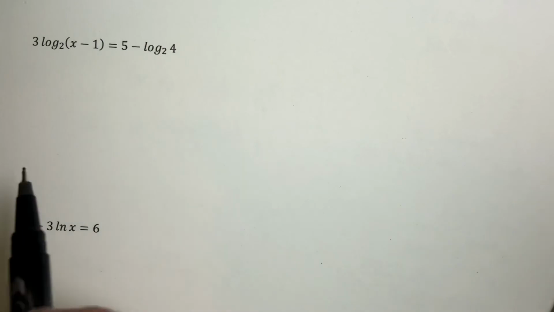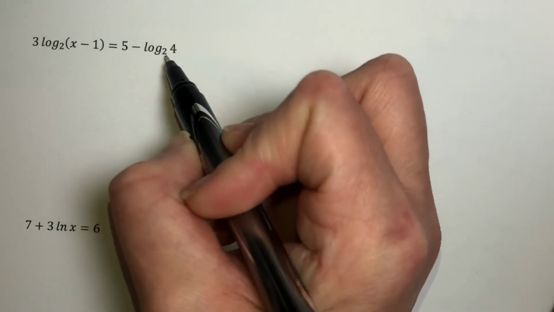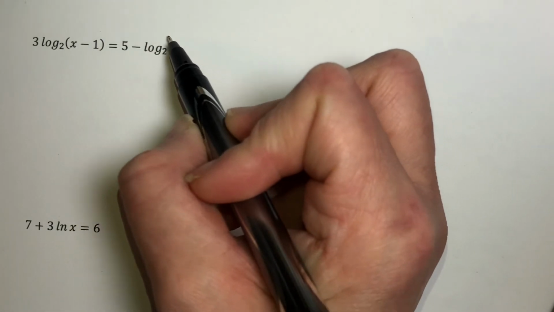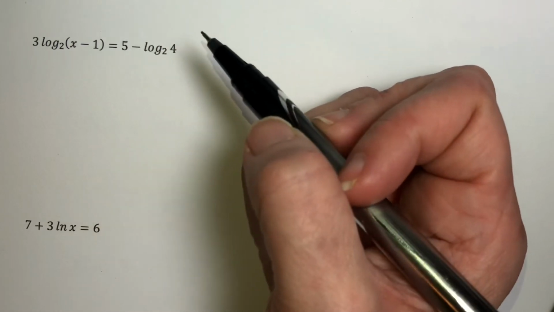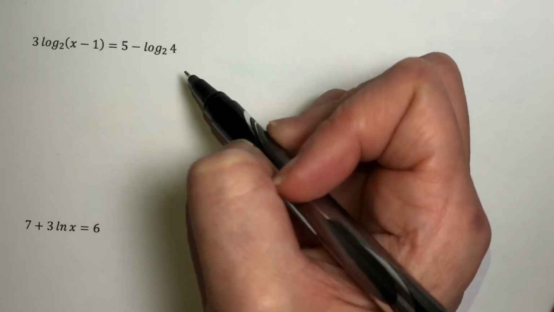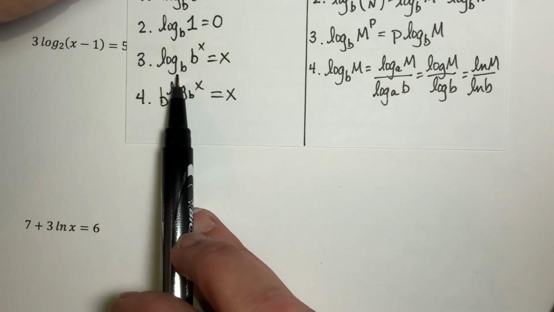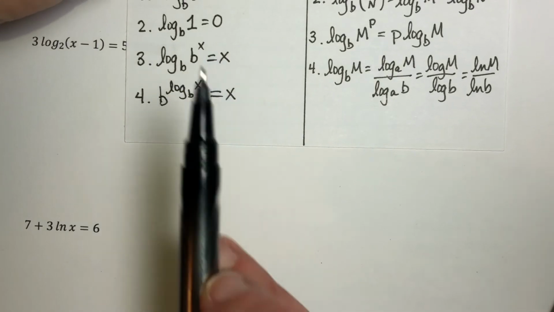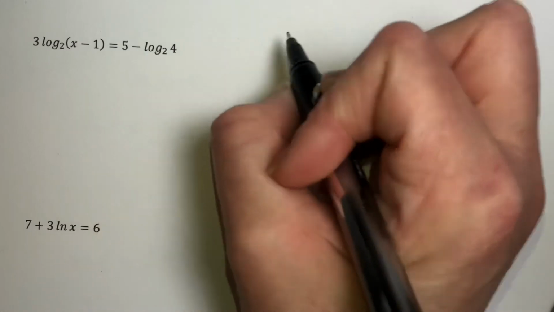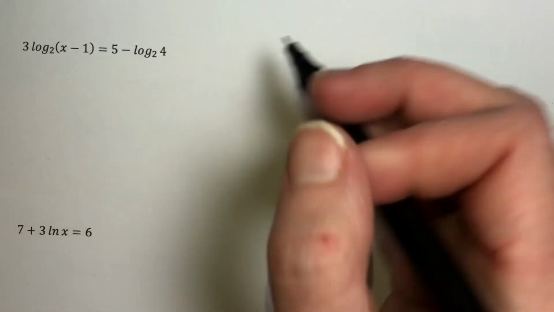Now notice right here that I have log base 2 of 4. There's no x here, there's no argument and no variable in my argument. So I need to ask myself, can I simplify this? Remember that if we can write something so that the base of the log and the base of the exponential are the same, it equals the exponent. So I'm coming over here, let's imagine coming over to scratch paper.